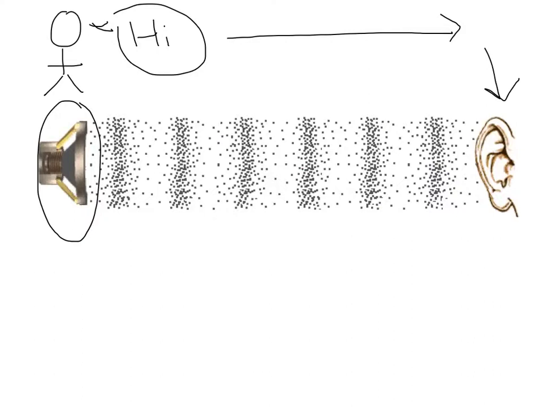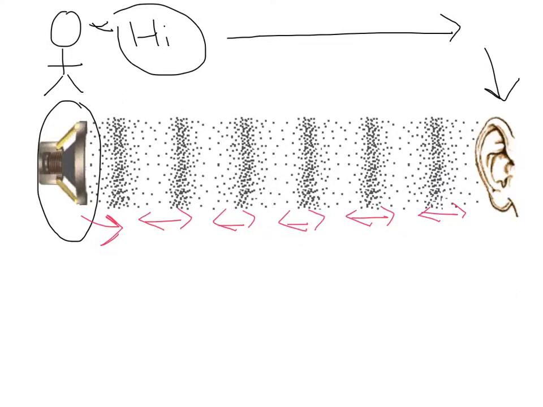That vibration, that shaking and pushing back and forth, pushes the air around it as well. This sound pushes the air particles to vibrate. So the air particles vibrate back and forth, back and forth, until it reaches that person's ear.